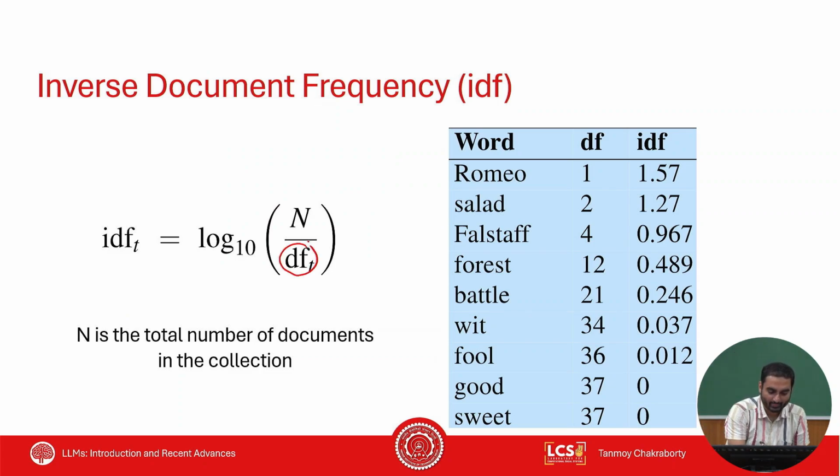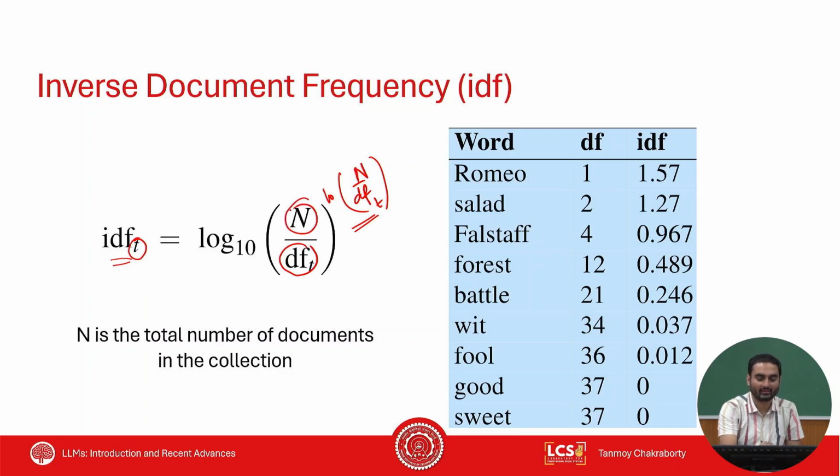So 1 by DF is inverse document frequency of the term T. Remember, here IDF is a function of only the term T, not T comma D, right? And we take a log of this, and just to normalize the value, we normalize it by n. What is n? N is the number of documents.